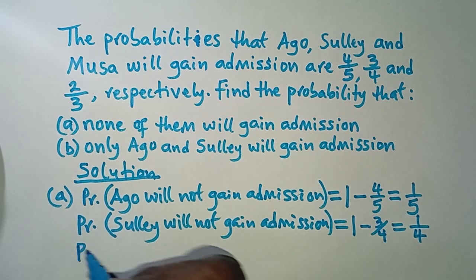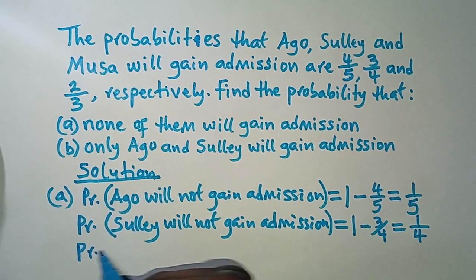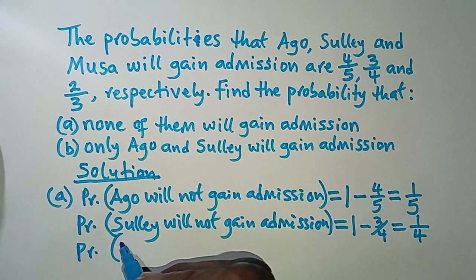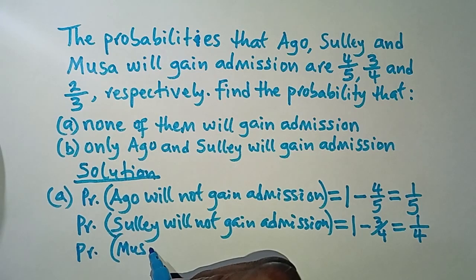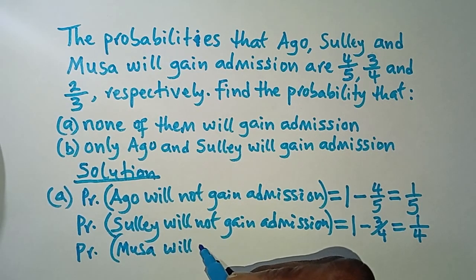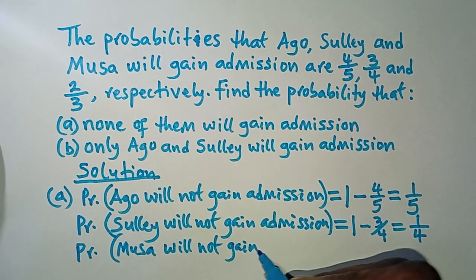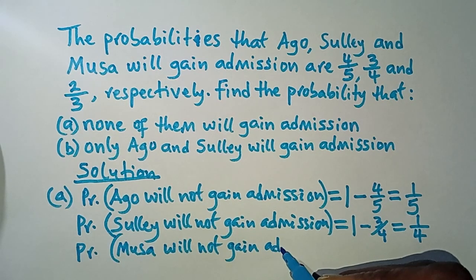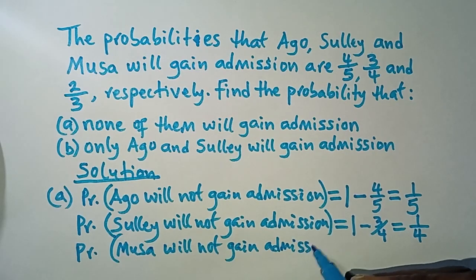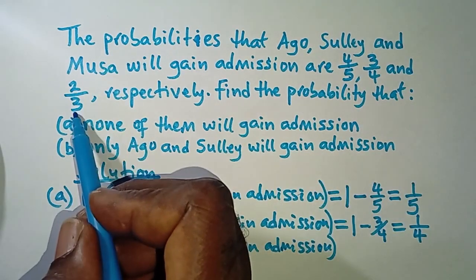Then let's go for the last person, which is Musa. So the probability that Musa will not gain admission, I'm sure you already know what it is now, because the probability that Musa will gain is 2/3.